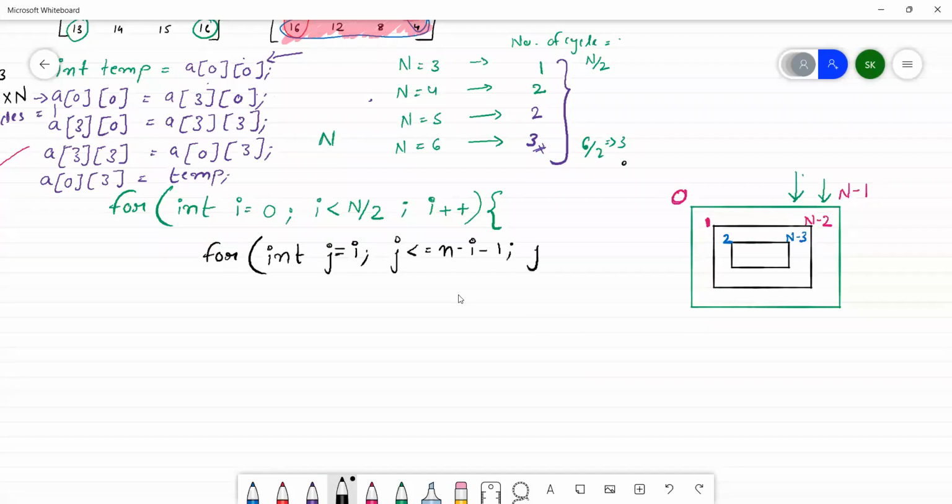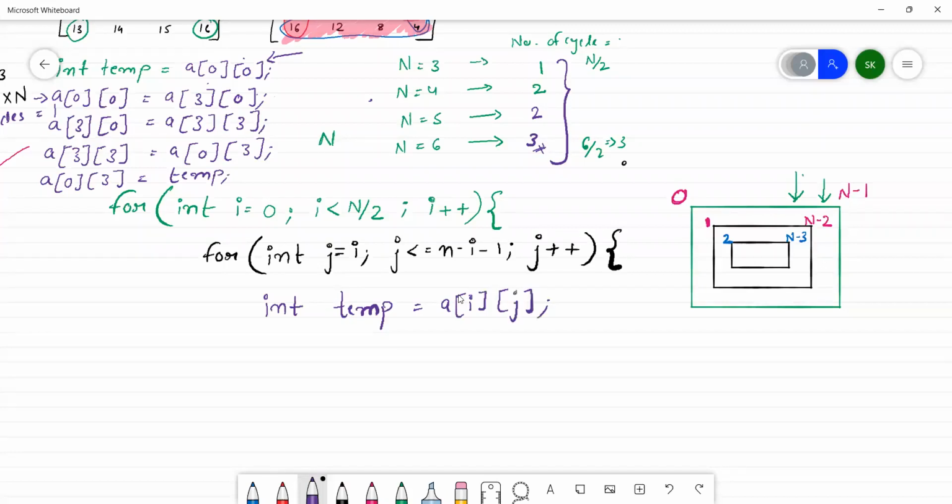I hope it is clear to everyone. Great. Now here itself, you can write int temp is equal to a of 0, 0, which is nothing but a of ij, correct? Your I is also 0 initially, j is also 0 initially. So a of ij, correct?